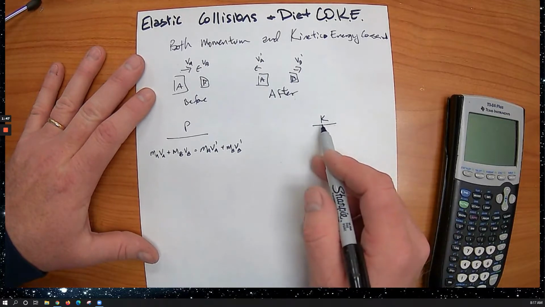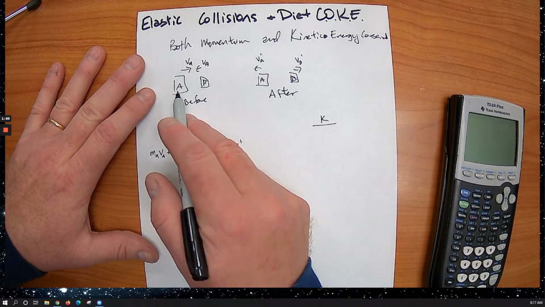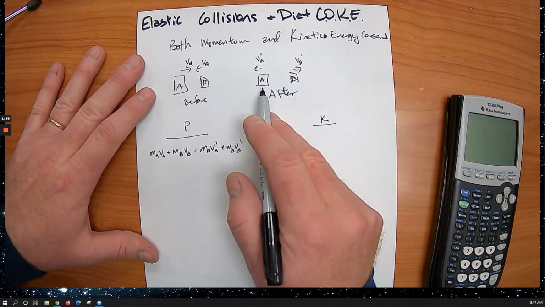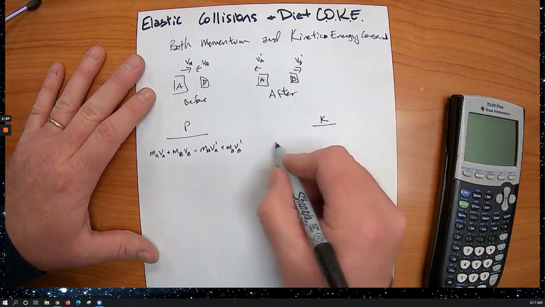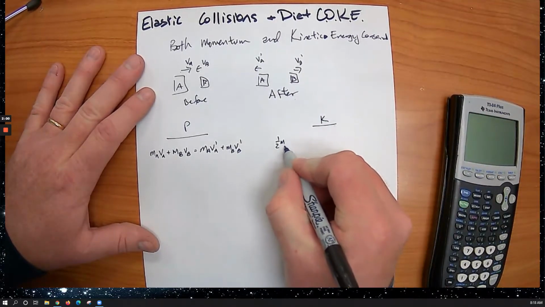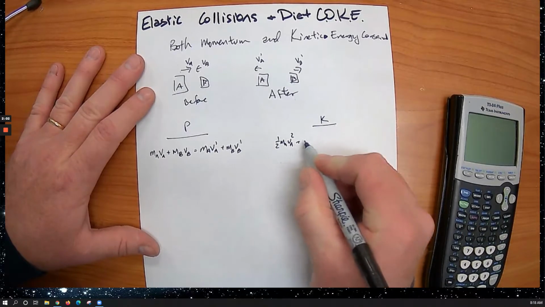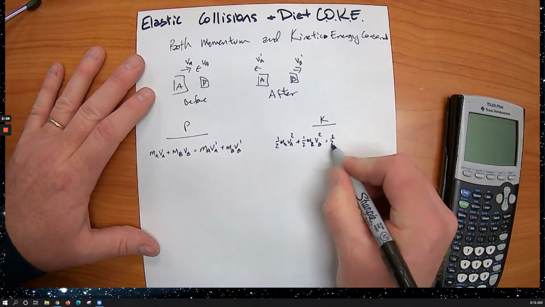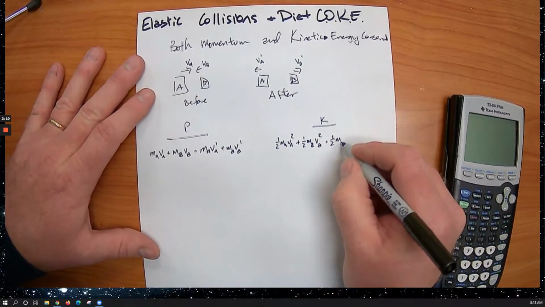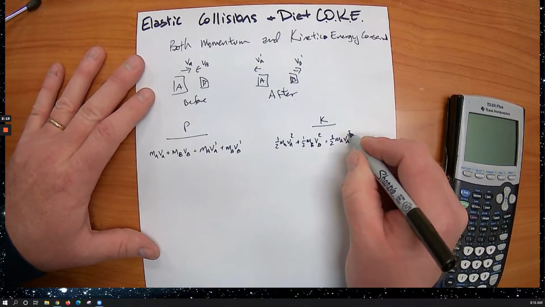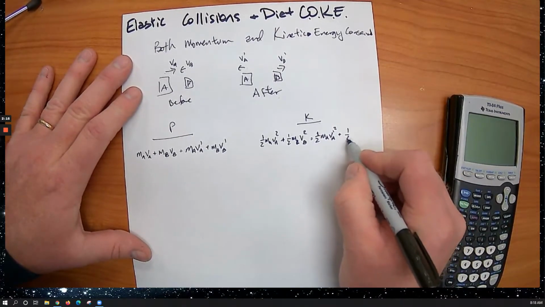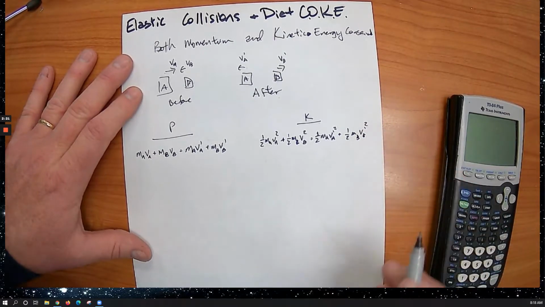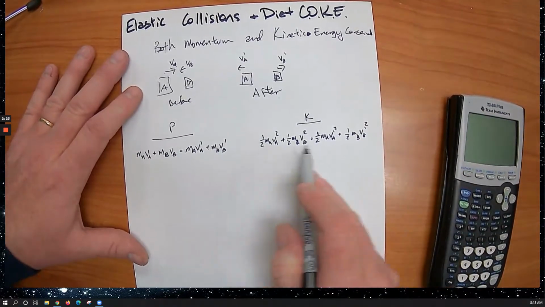So the kinetic energy conservation says that 1/2 MAVA squared plus 1/2 MBVB squared equals 1/2 MAVA final squared plus 1/2 MBVB final squared. This is the boring part of the video.